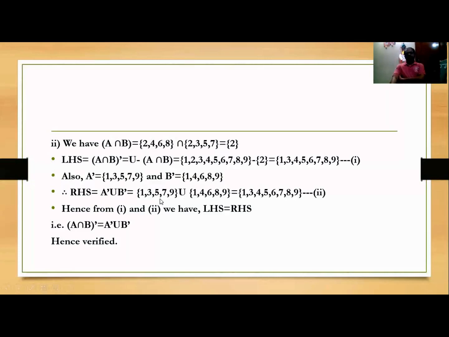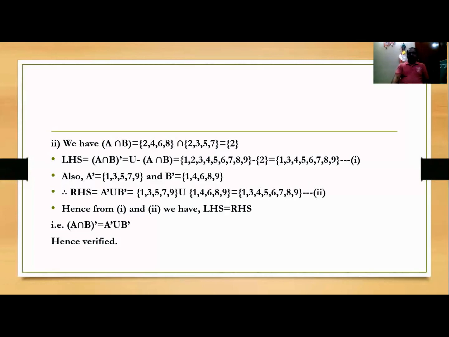The repeated elements should be written only once. We need to keep that in mind. So we have the union as 1, 3, 4, 5, 6, 7, 8 and 9, right? These are the elements present in A dash and B dash. That gives us the second equation, that is nothing but the RHS of the result.